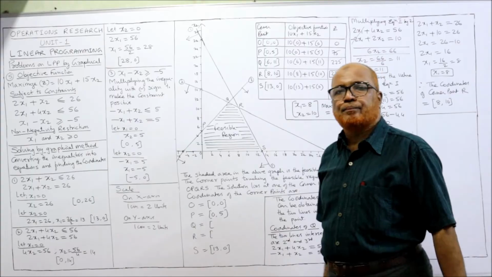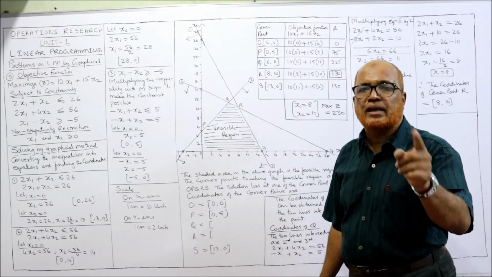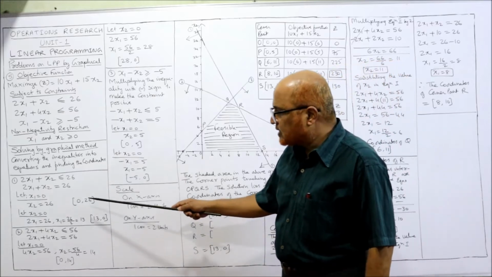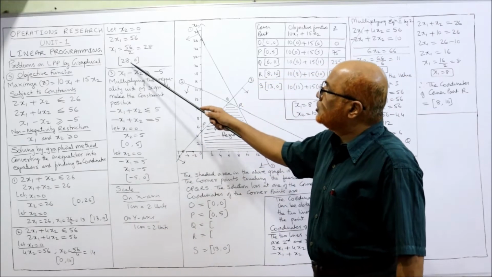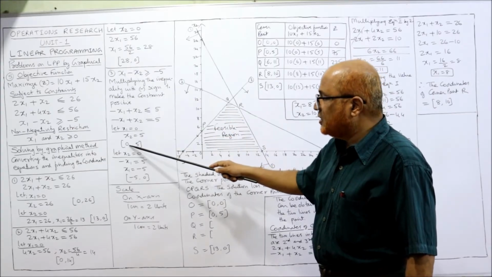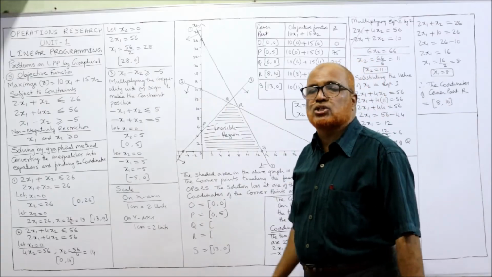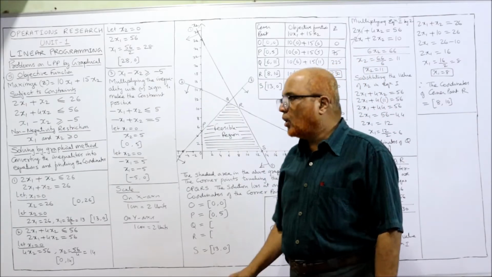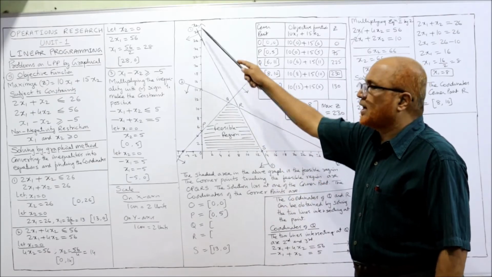Now we need the scale. For taking the scale, see what is the highest value of x1 and x2. Here the x1 values are 0, 13, 0, 28, then 0, then minus 5. The highest value is 28 for x1. So on the x-axis we take x1, on the y-axis we take x2.